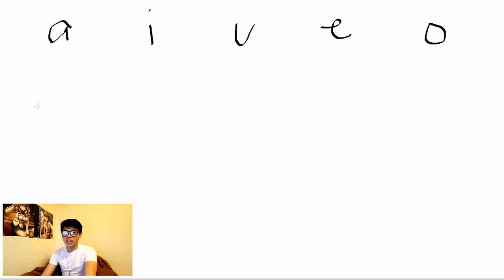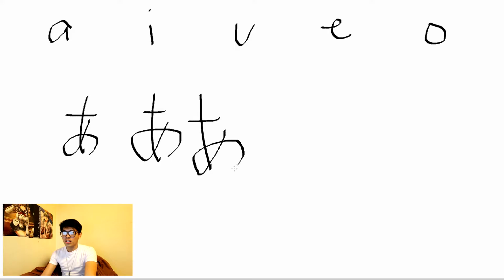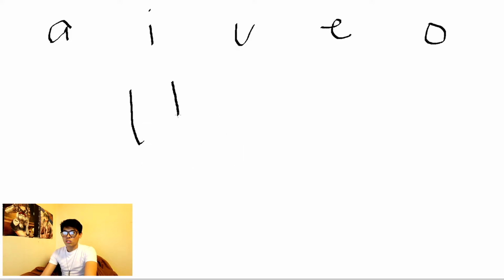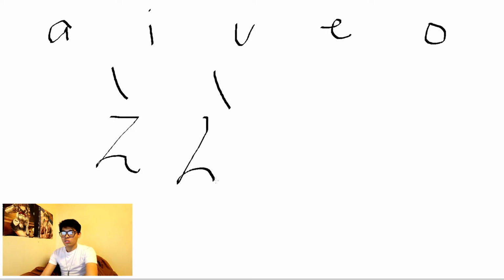So how to write A? That's A, 1, 2, 3. That's A. I, 1, 2. That's I. U, 1, 2. That's U. E, 1, 2.